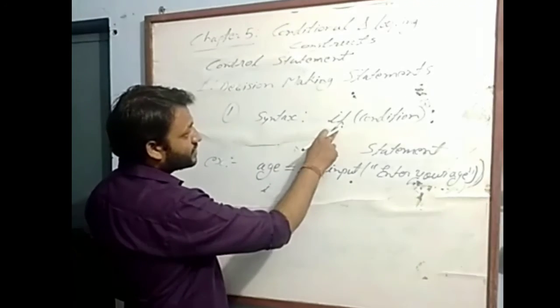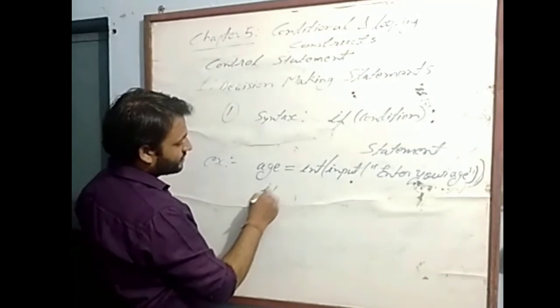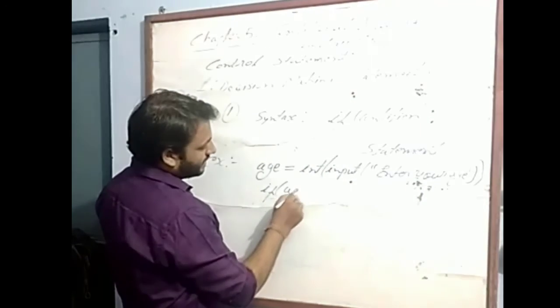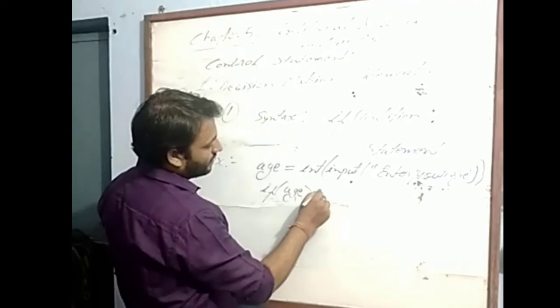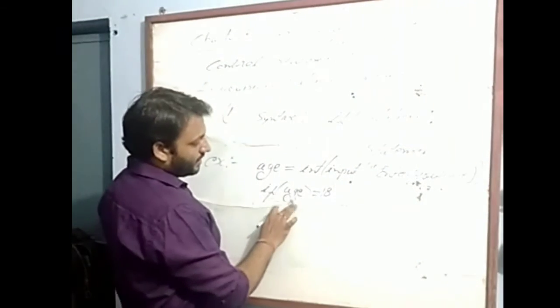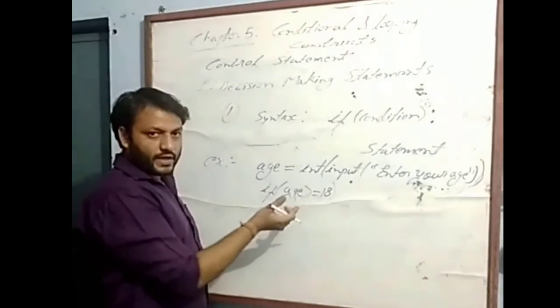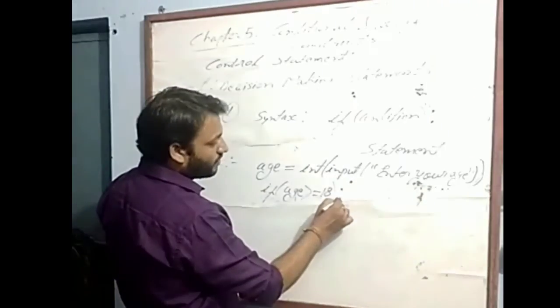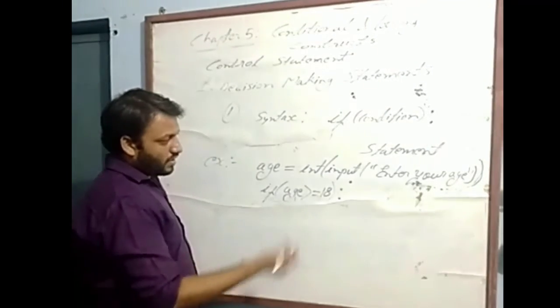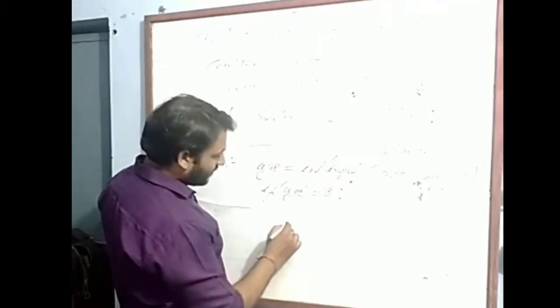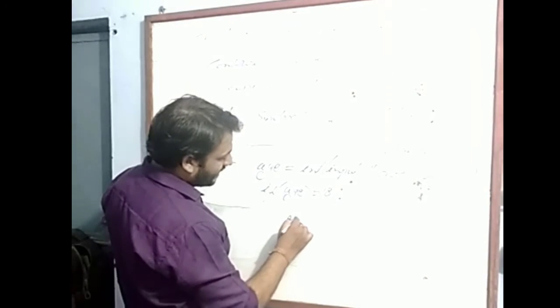First you have to use the keyword if, and the condition is age greater than or equal to 18. If the specified condition is true, what do you want to execute? I want to execute a statement, and you can execute any statement with the help of print.